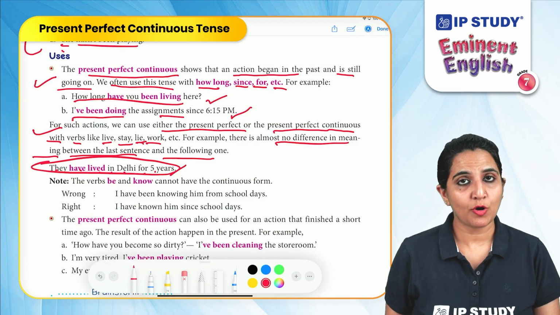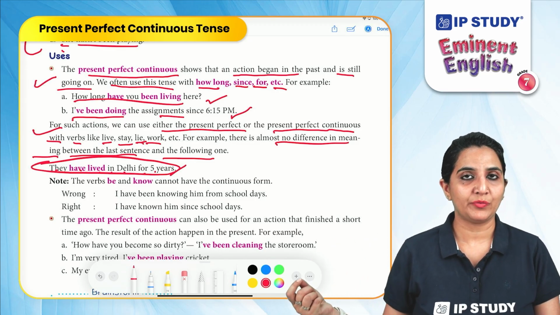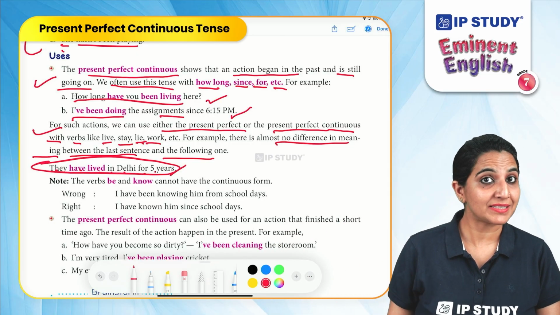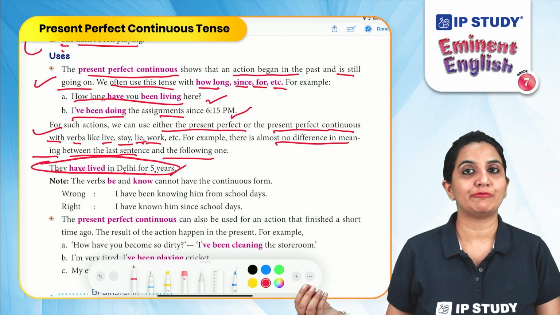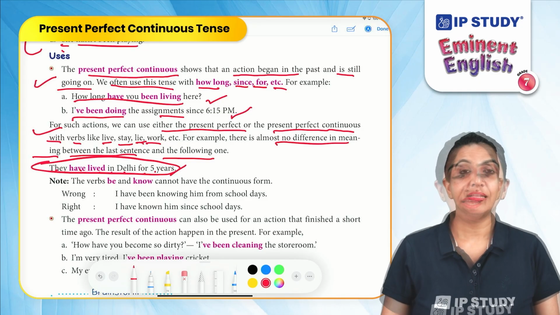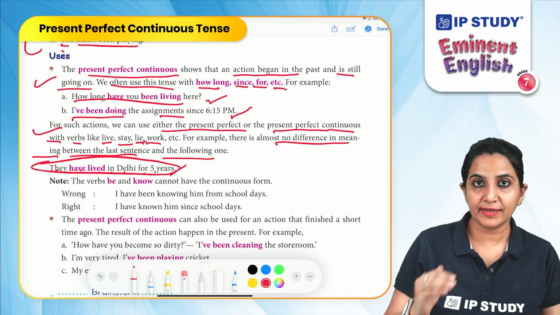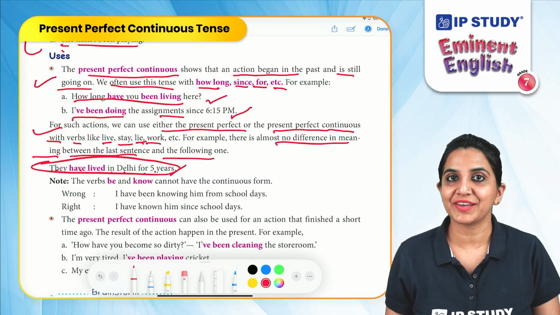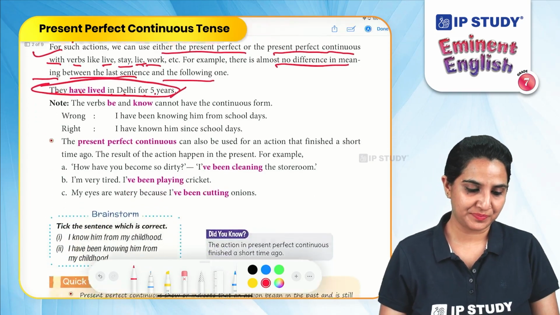We can either say they have been living in Delhi for 5 years, and the meaning remains the same. And I can also use they have lived in Delhi for 5 years, and the meaning remains the same. Therefore, with verbs like work, stay, live, we can use either present perfect or present perfect continuous tense, and it will never change the meaning of the sentence.